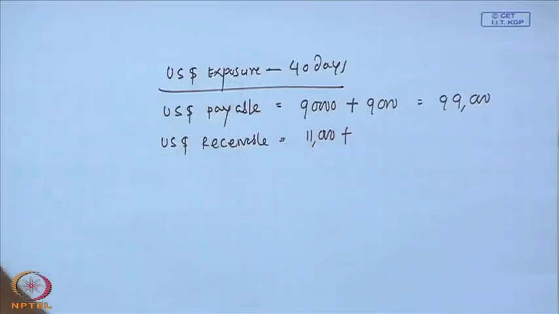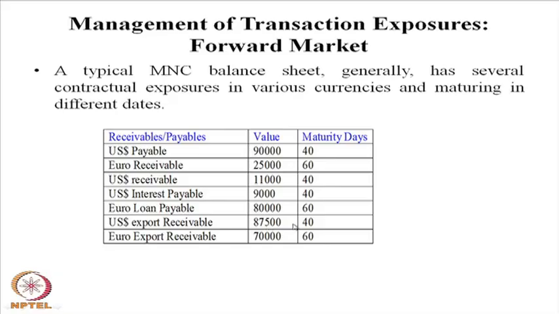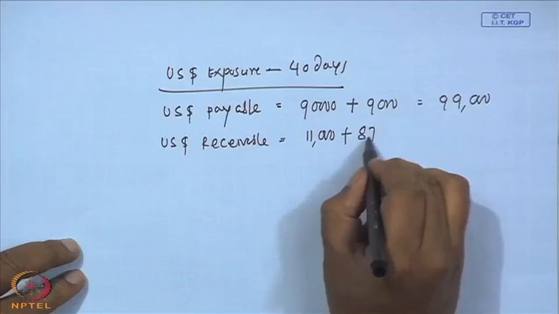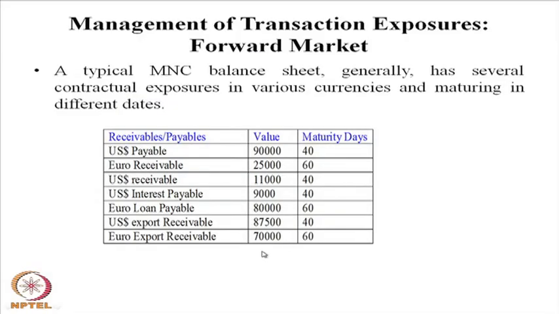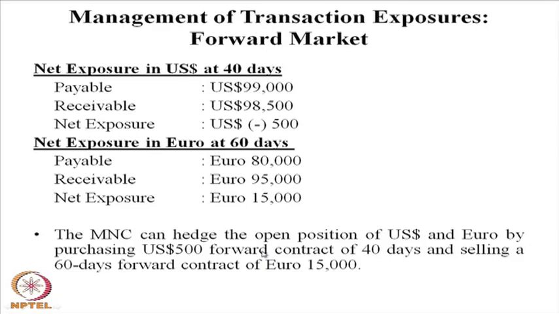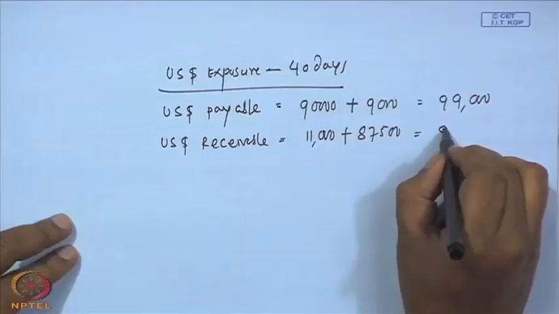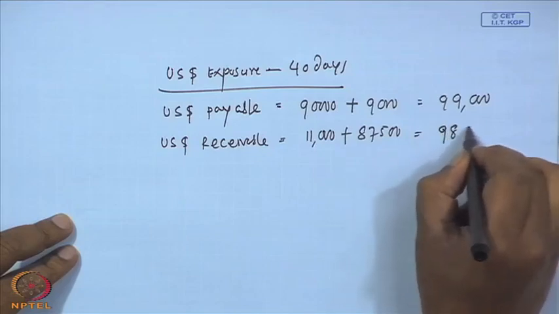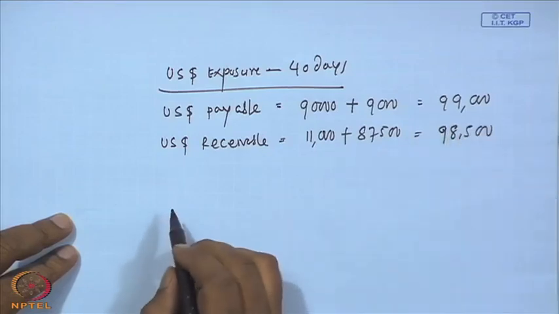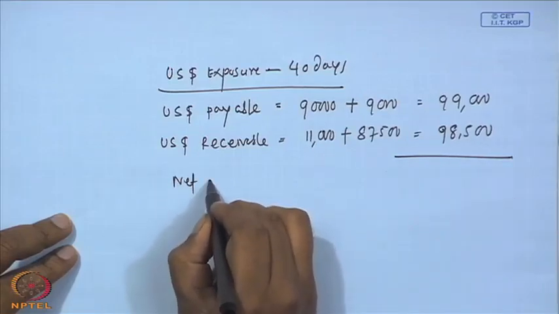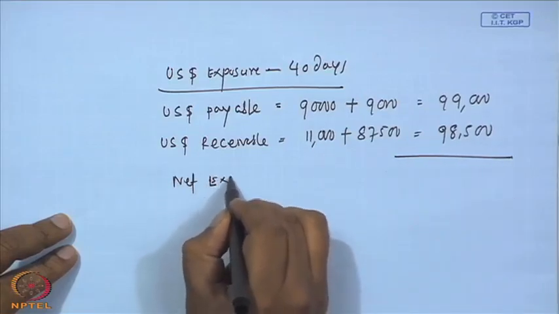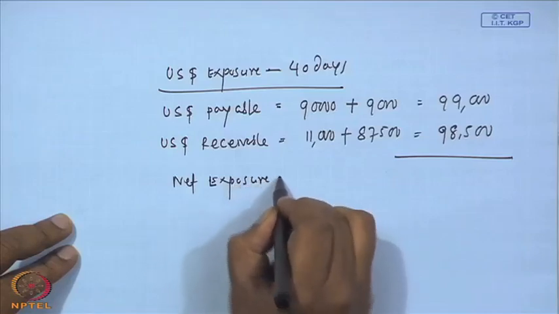Similarly, the US dollar export receivable is 87,500. There are no other receivables in US dollar, so the total receivable will be 98,500 US dollars. If you deduct, the net exposure in US dollar will come over here.